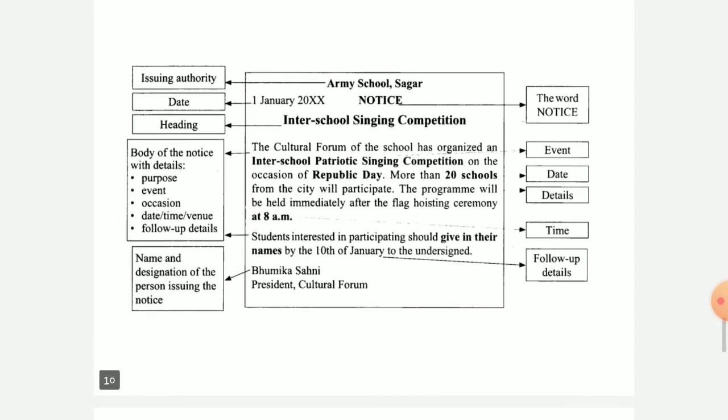Students interested in participating should give in their names by the 10th of January to the undersigned. Okay, that is very important. That is actually what we can call the follow-up details. And finally, name and designation of the person issuing the notice, that one has to be mentioned. And finally, president, cultural forum, that has to be mentioned on the next line. Very important, very very important.